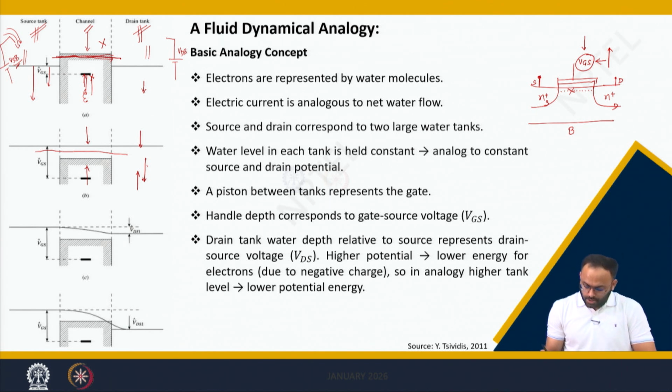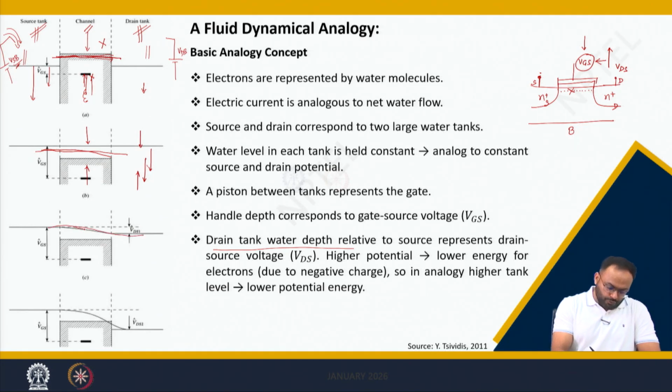This is analogous to the drain water tank depth relative to the source, in the sense that you need to lower the drain water level from the source water level. It's similar to applying a VDS voltage with respect to source. So the moment you apply it, the flow of water starts. Water will flow linearly and hence we get a linear current in between.